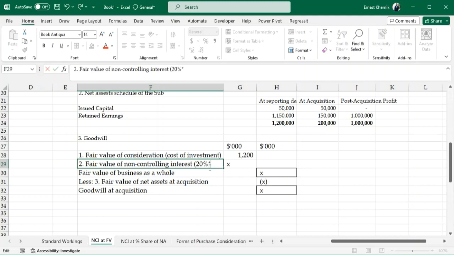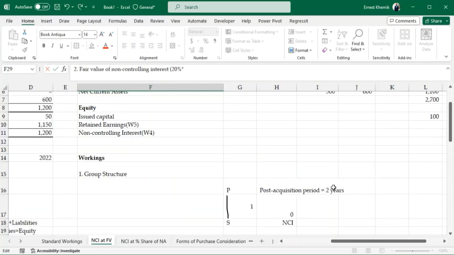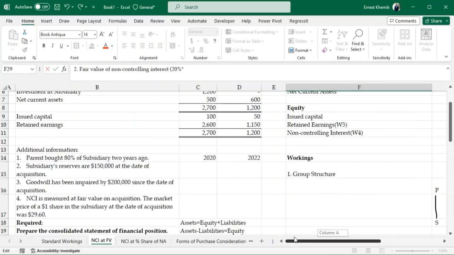We're going to multiply that by the total number of shares in the subsidiary, from working 2 here, which we can also find within the separate financial statements, which is 50.